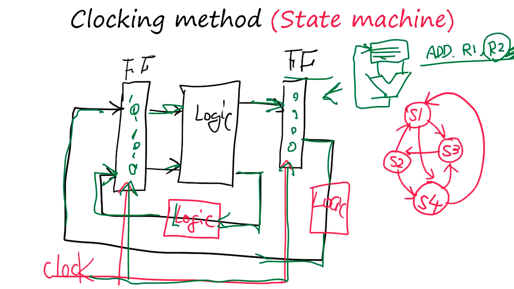The CPU is a large state machine, and the state is expressed by the state machine diagram. You have a state S1 that goes to S3, and S2, S4. This transition of the states is called a state diagram.